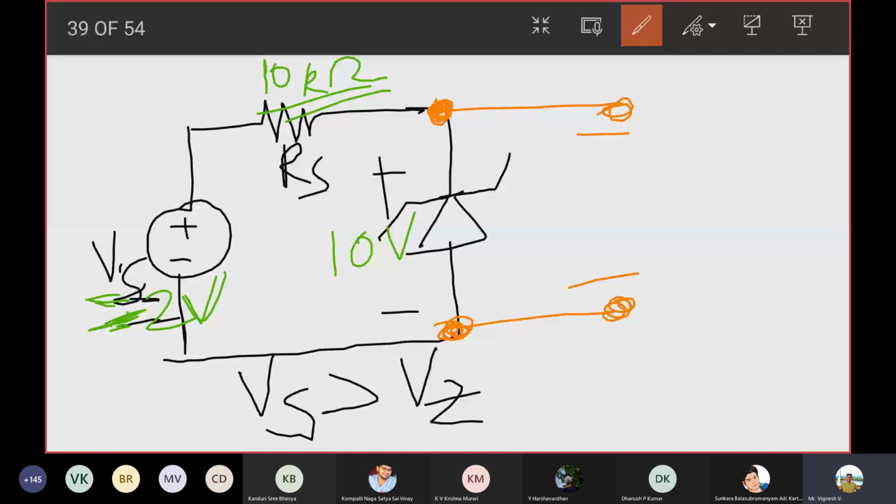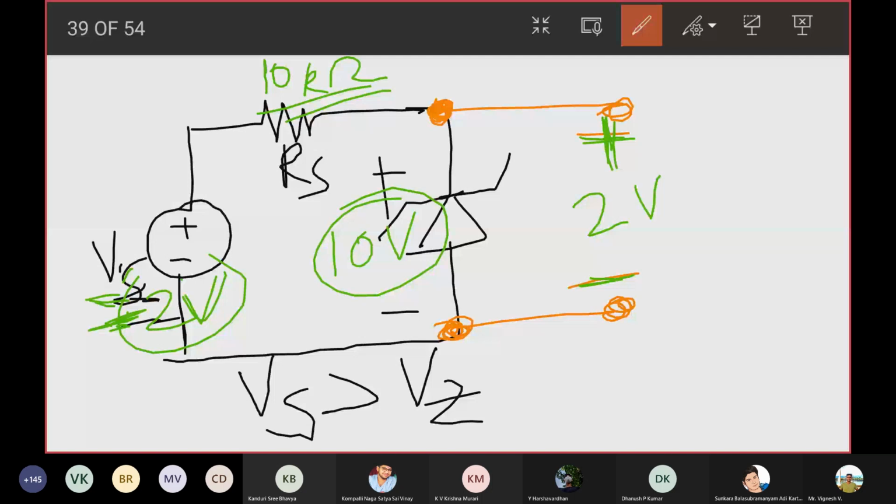Since the source voltage is less than VZ, here Vs is 2 volts and VZ is 10 volts, the voltage across the Zener diode is not 10 volts. It will be 2 volts only, because this diode is not going to operate in breakdown condition. So whatever input voltage you give, the same voltage you will get here. There is no point in using a Zener diode.